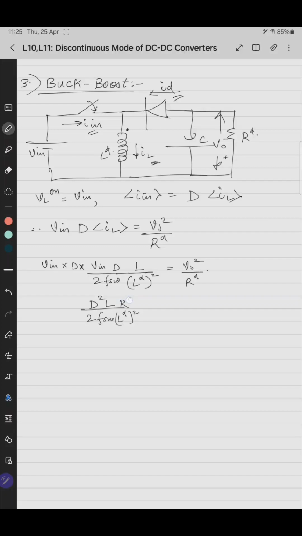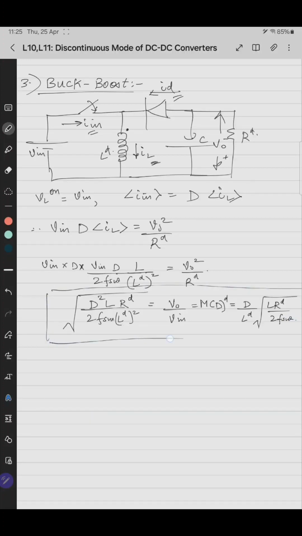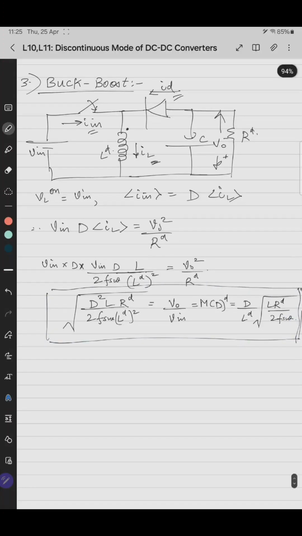If you bring RD here, it will be V naught by V in. If you take the square root, it will be this. So M of D for DCM, which we can also write as D by LD under root of L RD by 2 f switching. This is for DCM, for the buck boost converter.